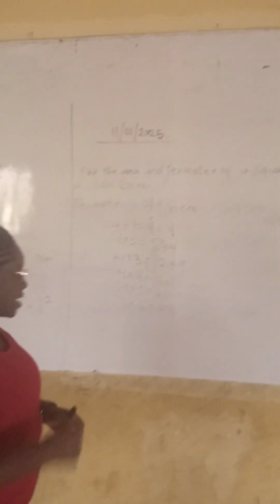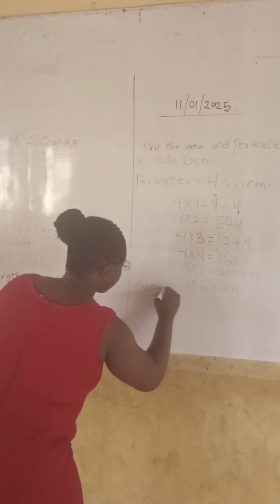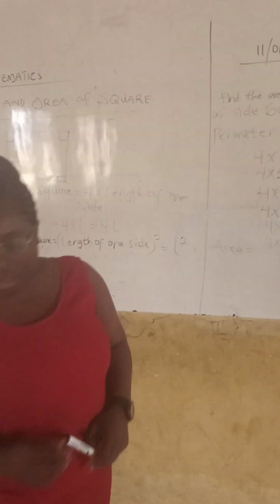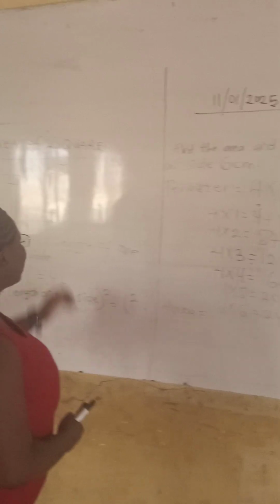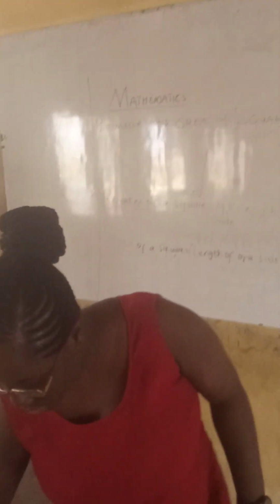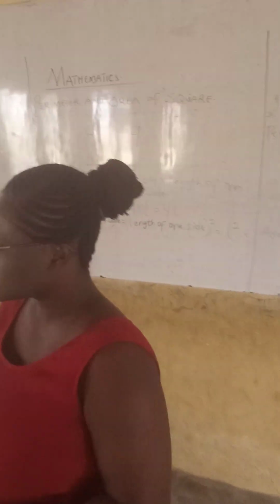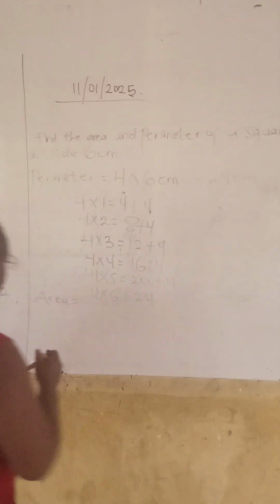Let's go to the area. The area is L squared. So we are going to multiply the length by itself.